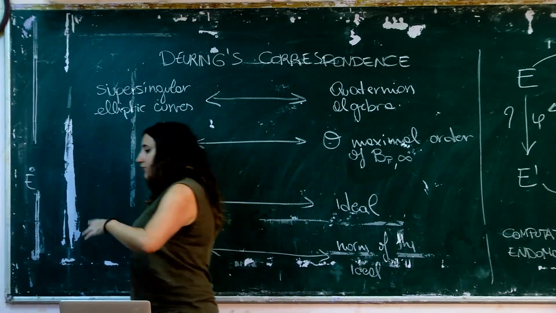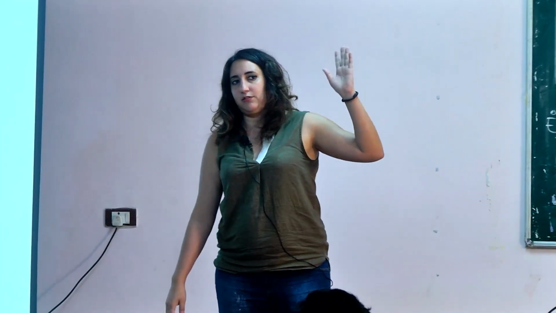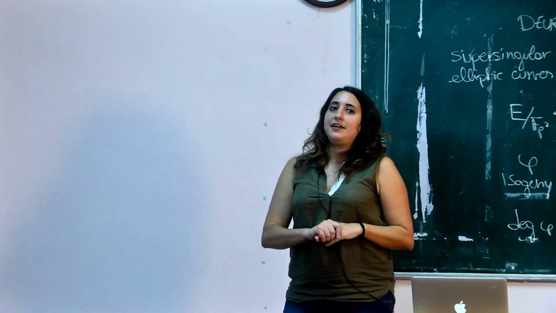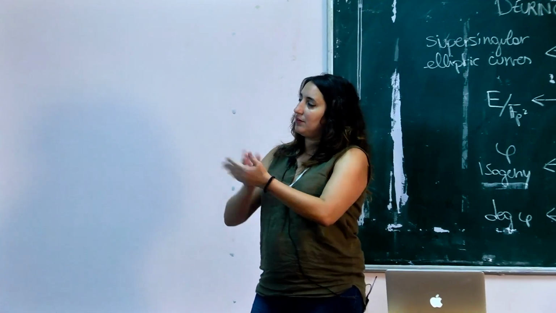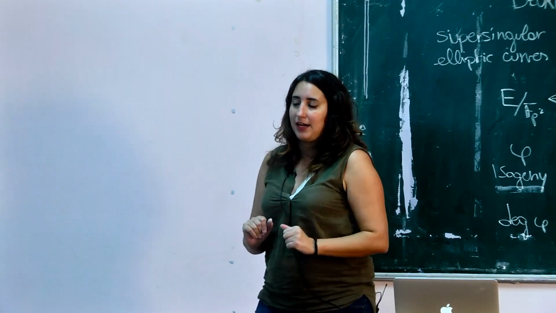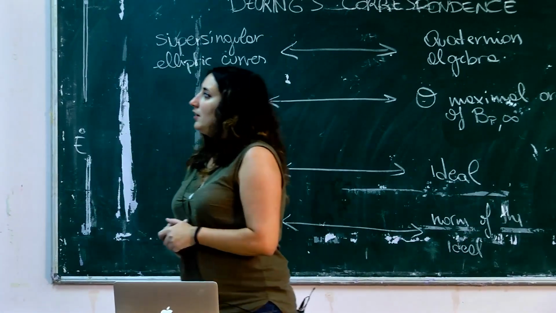So the CGL hash function was proposed in 2006, okay? Then I remind you that in 2010 there was that paper telling that if you use ordinary elliptic curves, you have sub-exponential attacks. Okay.